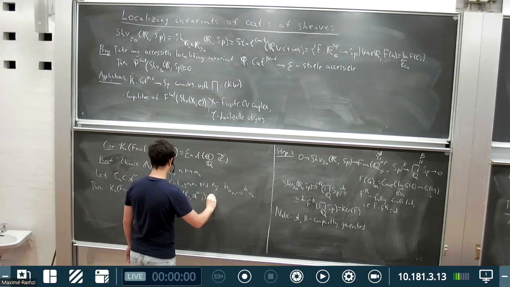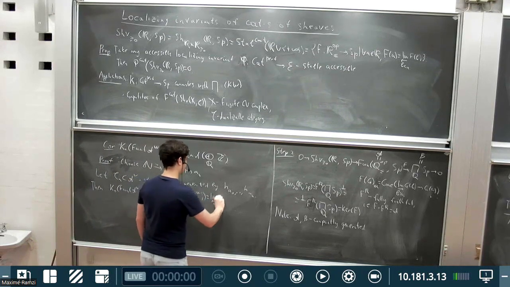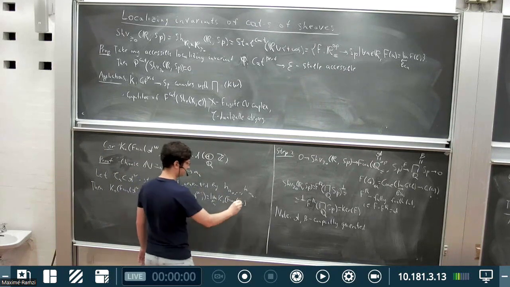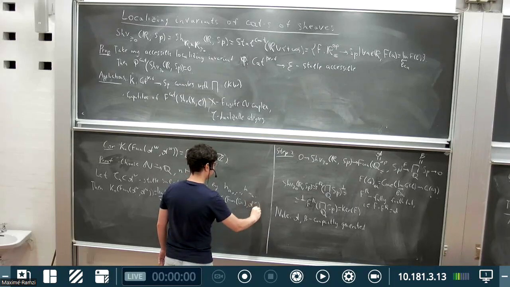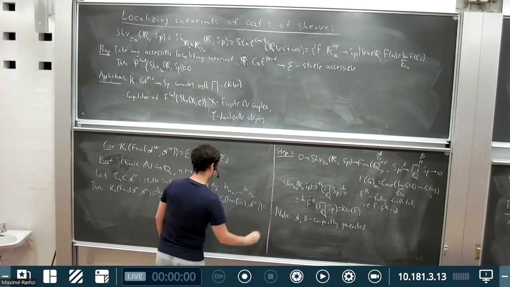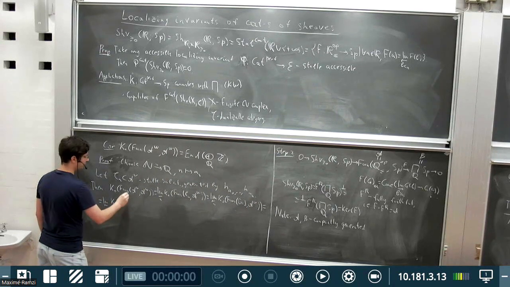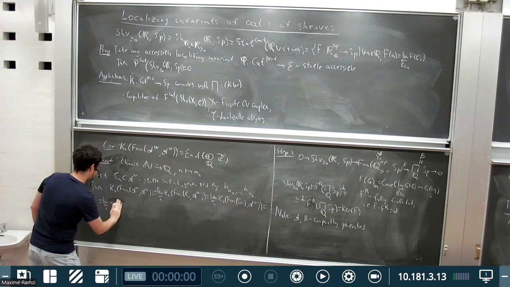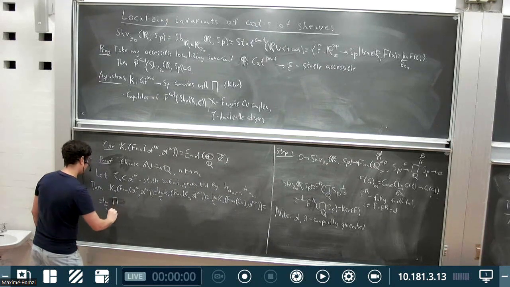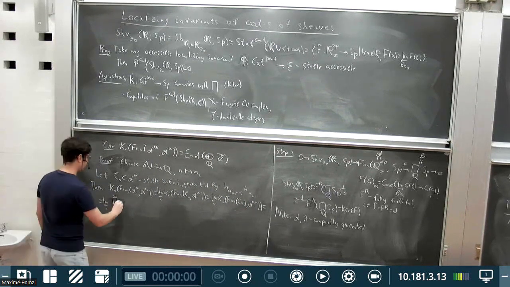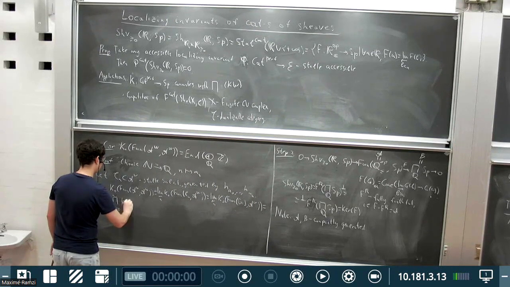But each of these categories is just the same as functors from the linearly ordered set with n plus 1 elements to A omega. And this is the same as the limit over n of the direct product of n plus 1 copies of K0 of A omega.